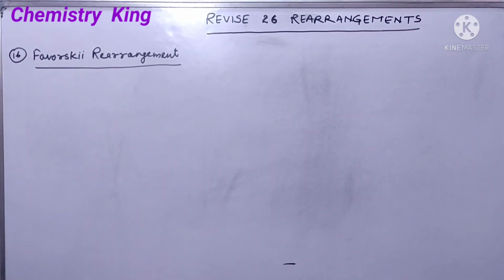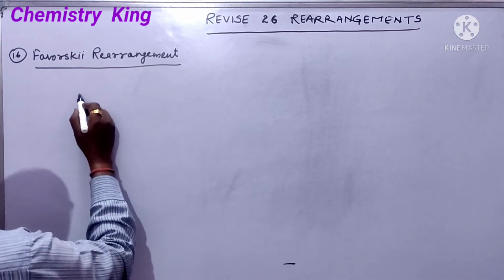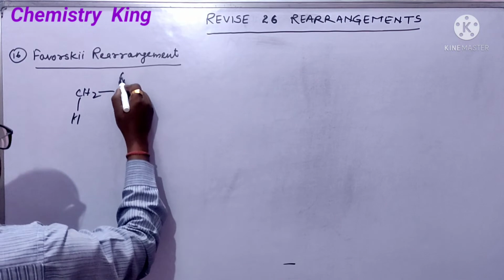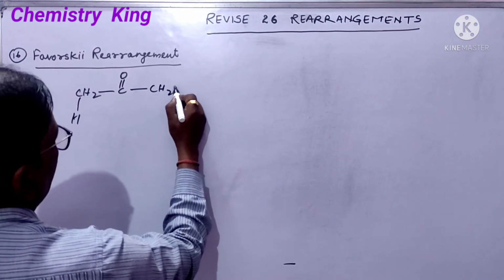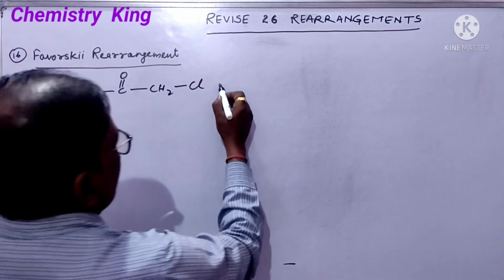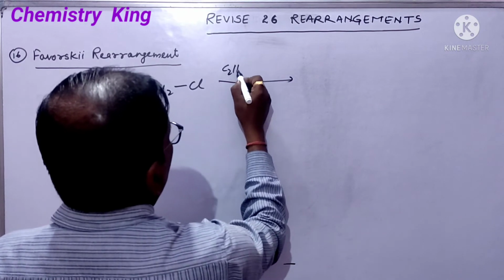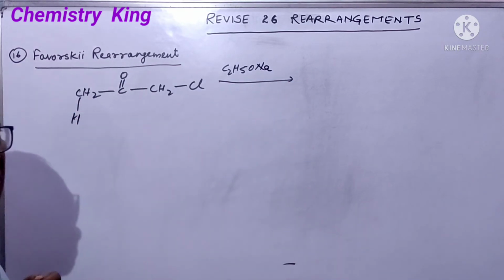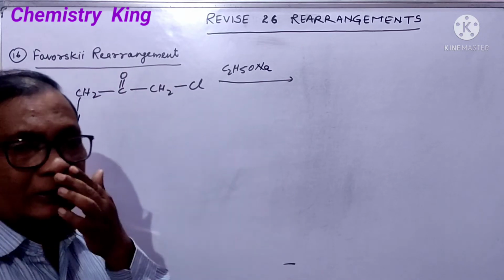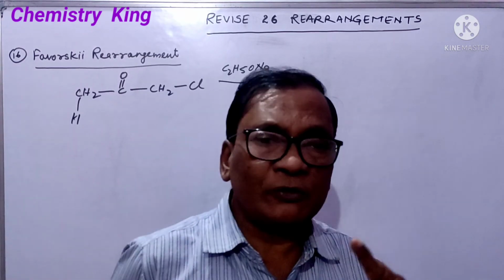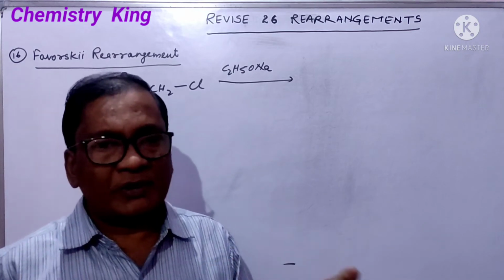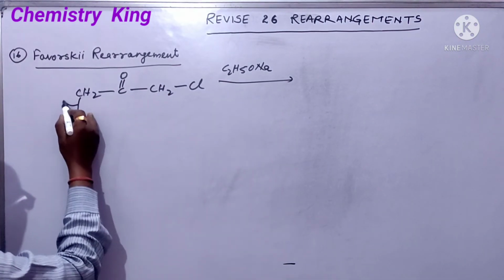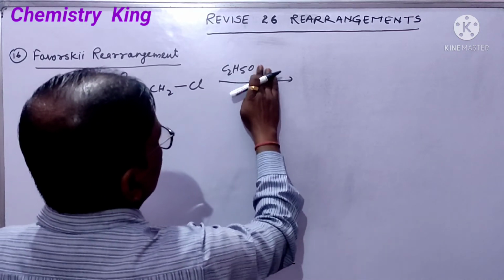When alpha haloketone is heated with a base like sodium ethoxide and ethyl alcohol. If you take sodium ethoxide, the solvent will be ethyl alcohol. If you take sodium methoxide, the solvent will be methyl alcohol. Okay. This base is the ethoxide ion.